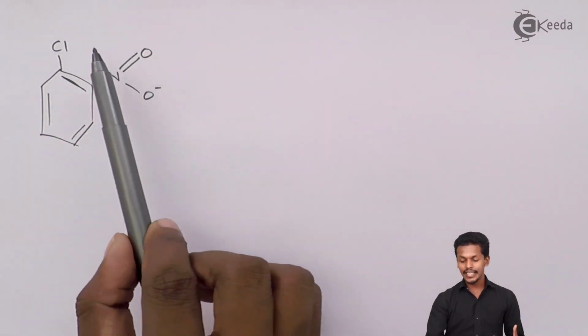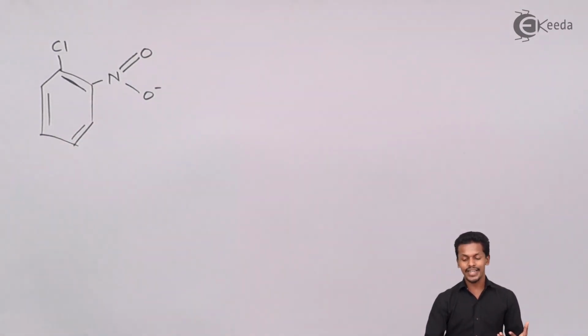So this is the electron withdrawing nitro group attached to the aryl halide. We know it can undergo a substitution reaction, but only under drastic conditions. But what happens if an electron withdrawing group is present at the ortho position, attached to the aryl halide?